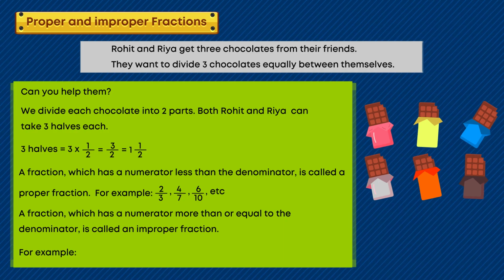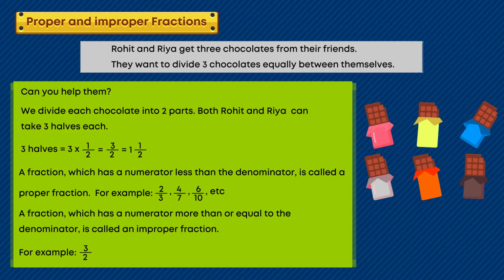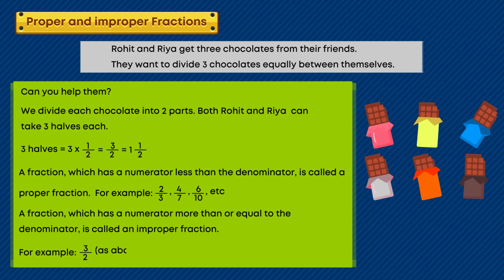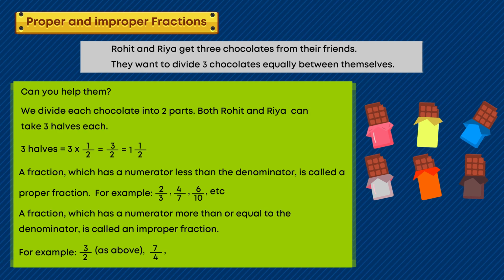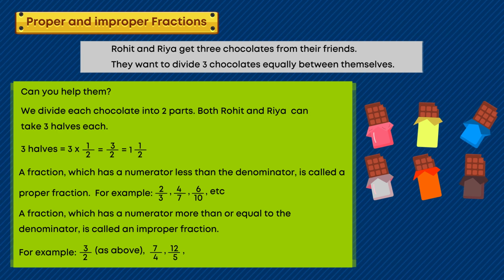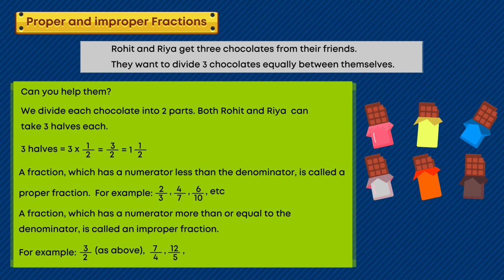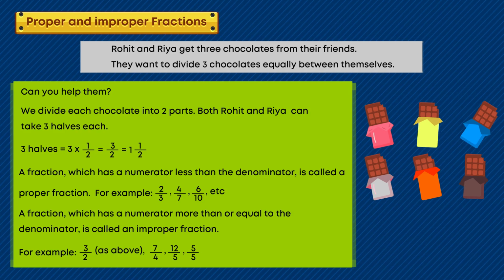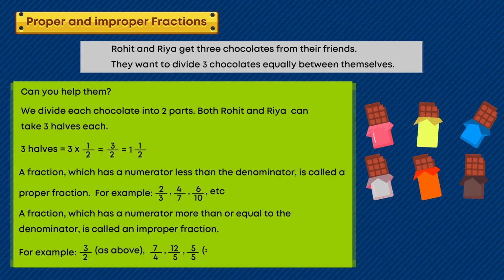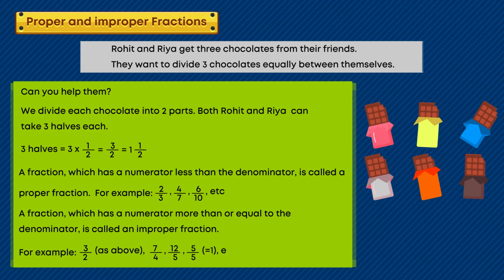For example, 3/2 as above, 7/4, 12/5, 5/5 is equal to 1, etc.